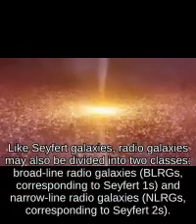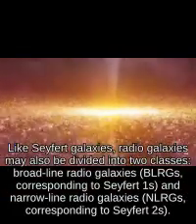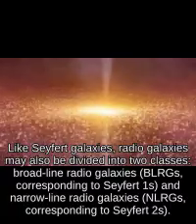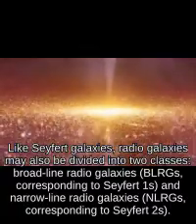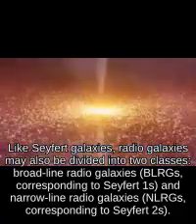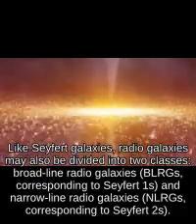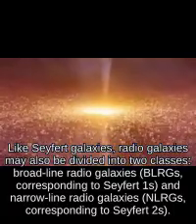Like Seyfert galaxies, radio galaxies may also be divided into 2 classes: broad line radio galaxies, BLRGs, corresponding to Seyfert 1s, and narrow line radio galaxies, NLRGs, corresponding to Seyfert 2s.